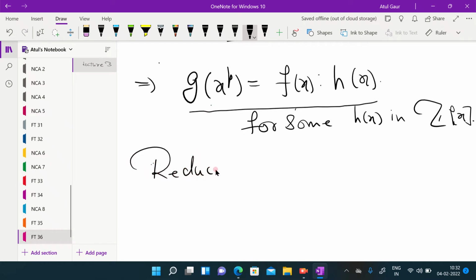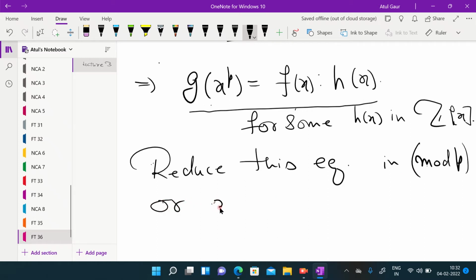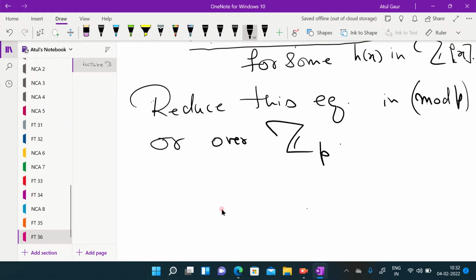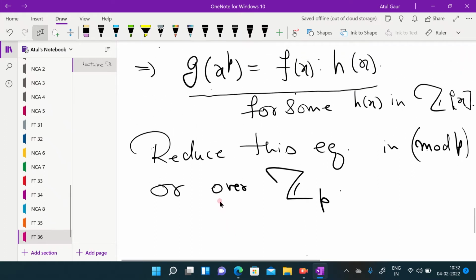So reduce this equation modulo p, or over Z_p, same thing. All right. So when you reduce g(x^p) over Z_p, that means you are working over a field of characteristic p. What you will get?